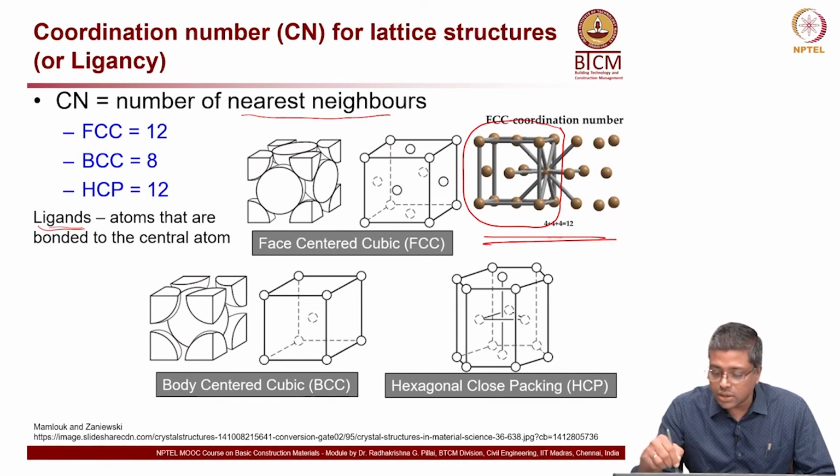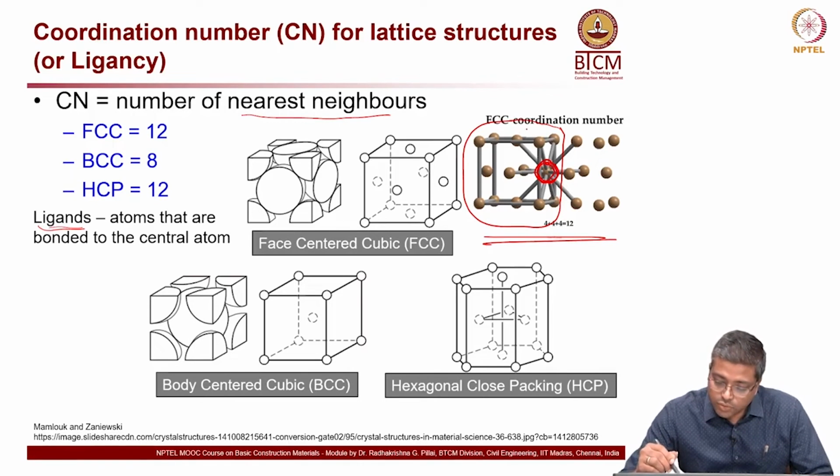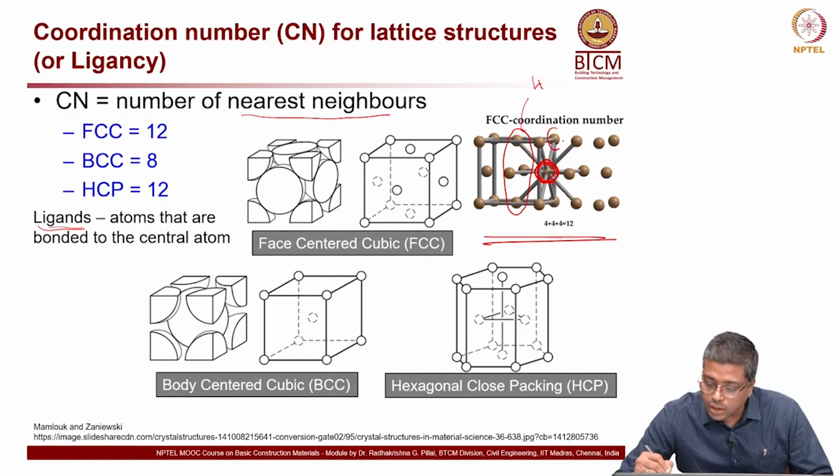So, if this is one of the unit cells, I can say one, if this is the central atom which I am considering, that central atom has these 4, 1, 2, 3, 4, these 4 here, and then this, this, this and this, that is another 4, and then these 4.